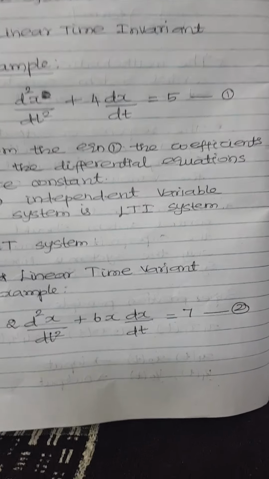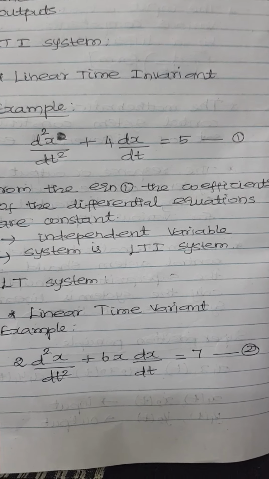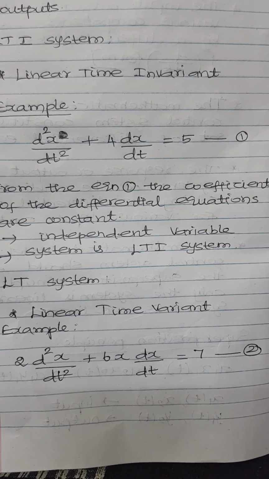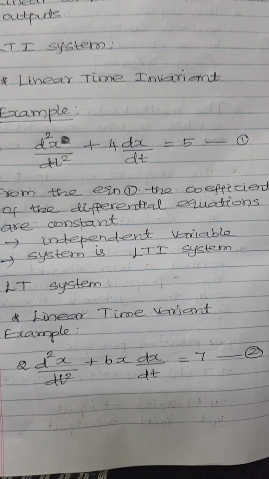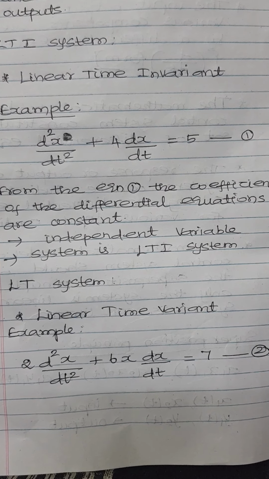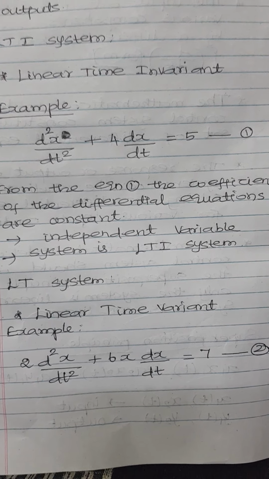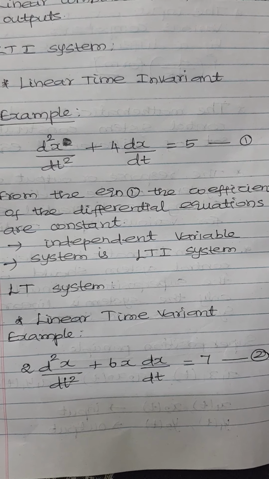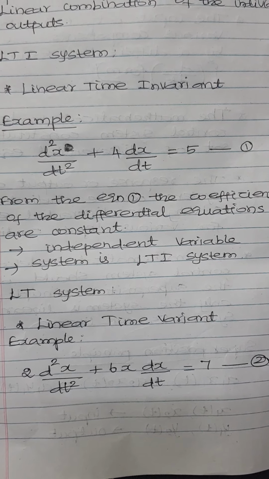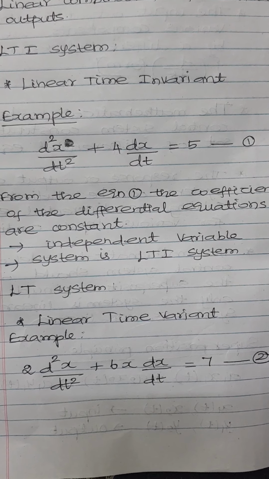The next one is the linear time variant system. Variant system means varying with respect to time. Look at equation 2: 2 d squared x by dt squared plus 6x dx by dt. What are the coefficients? The first one is 2, the next one is 6x. So here the 6x is with respect to time.